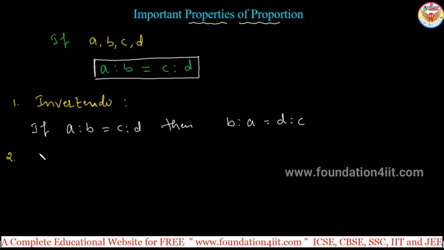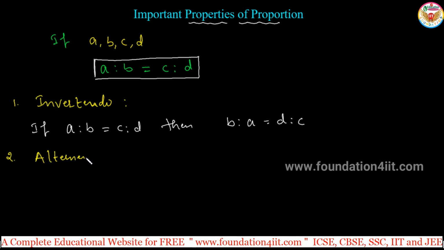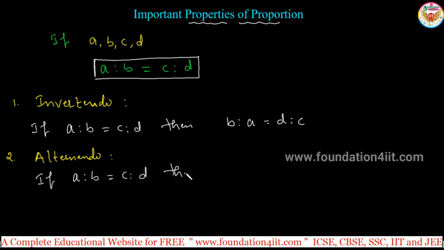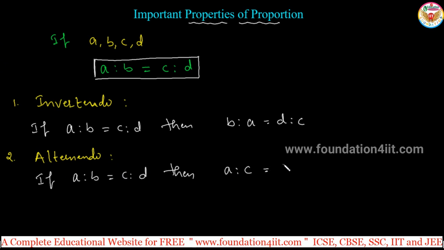And alternando. Alter. Same rule, if a is to b is equal to c is to d, then alter. So antecedent with antecedent, that means a is to c is equal to b is to d.